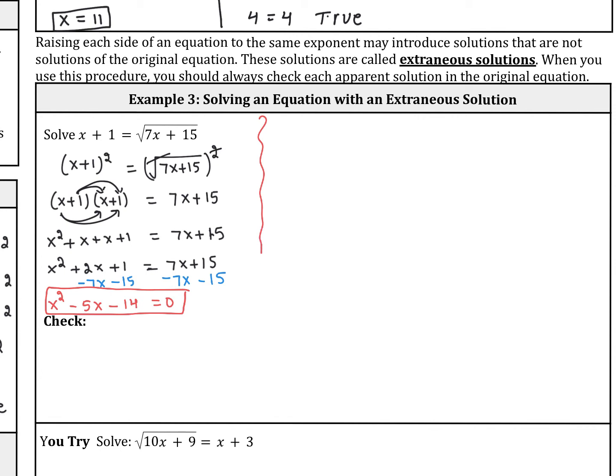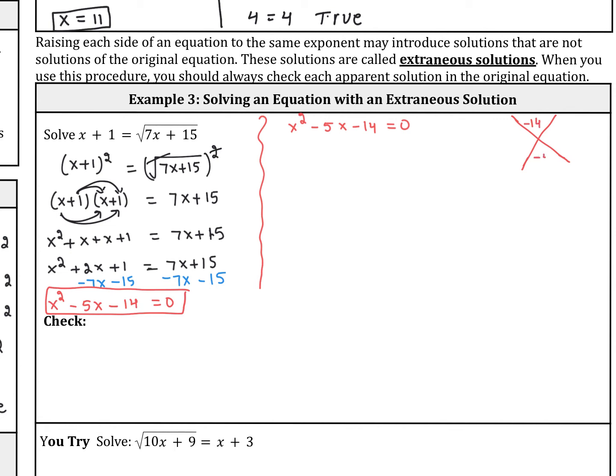This is a quadratic equation. To solve a quadratic equation, you learned a few ways, and one of the famous ways is factoring. Factoring, where you make a cross. On the top of the cross, you have a number that is negative 14.